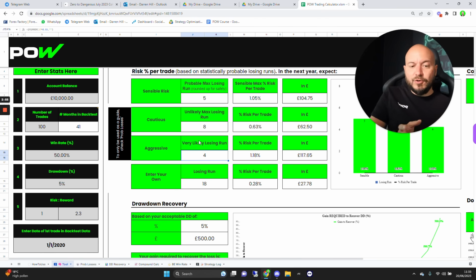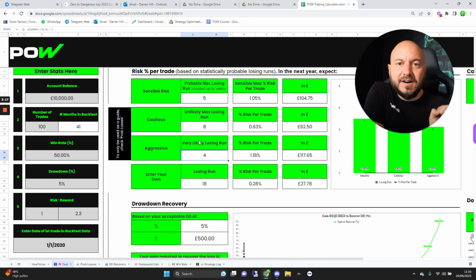So let's take rolling a 6 on a dice, okay? Now, rolling a 6 on a dice mathematically is only 16.67% probable. Now, if I gave you £100 every time you rolled a 6, but you lost £10 every time you rolled a 1 to a 5, you have a statistical financial edge on the markets.